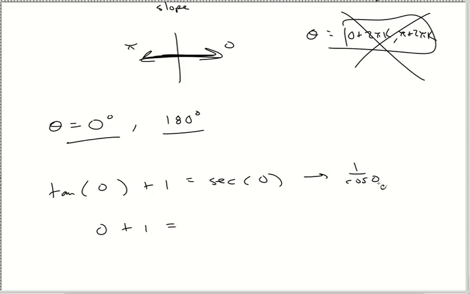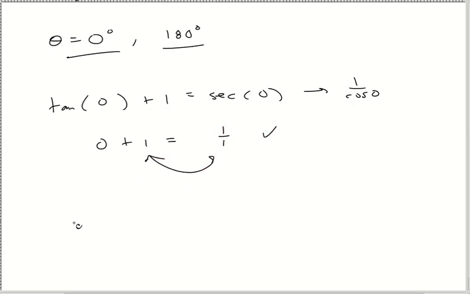My cosine of 0 is 1, so I've got 1 over 1. So is 1 equal to 1 over 1? Yeah, that's awesome. Okay, well now let's do it for the 180. So I'm going to say tangent of pi plus 1 is equal to secant of pi.